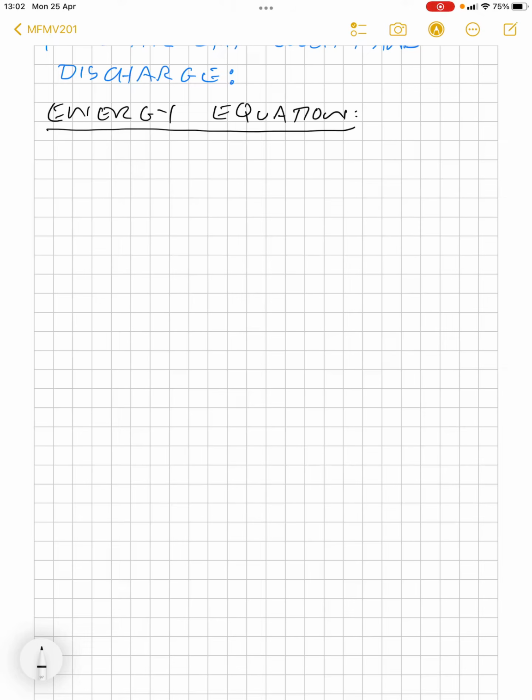We've got P1 divided by gamma, that's the pressure at point 1, which is the water level. And then we've got alpha 1 V1 squared over 2g, which is our velocity term. We've got Z1, which is a height, plus HP, which is our pressure head.